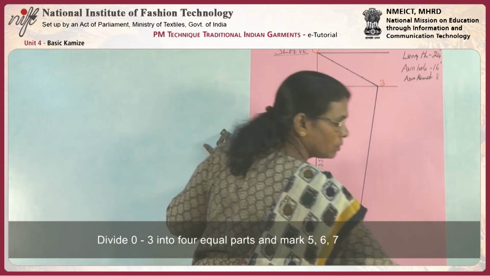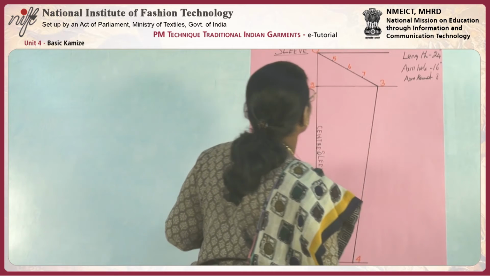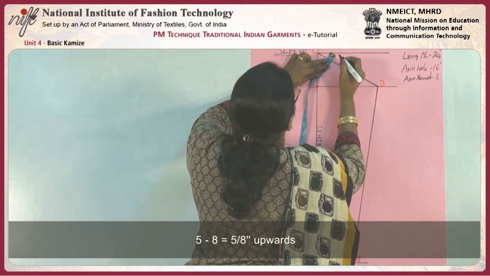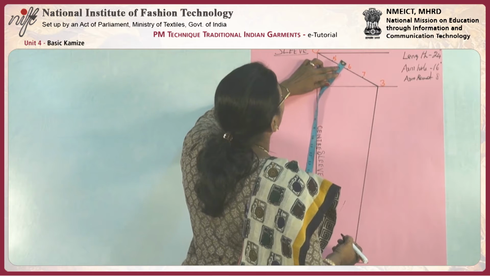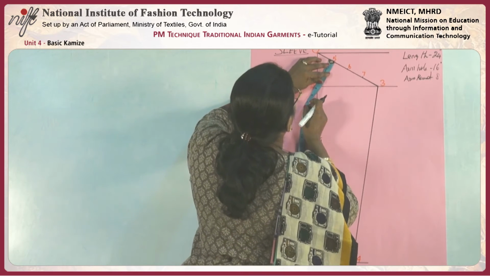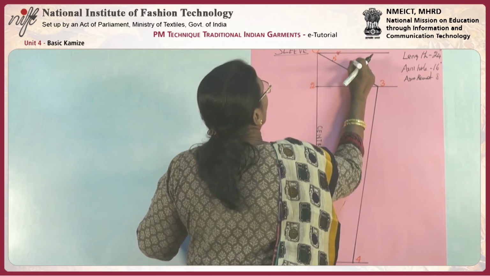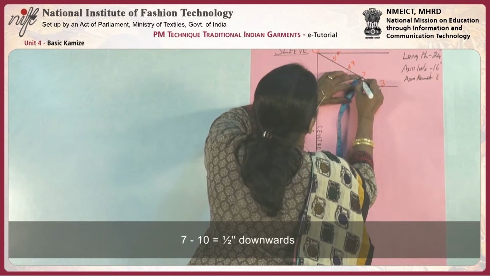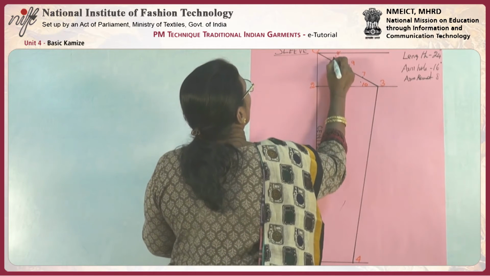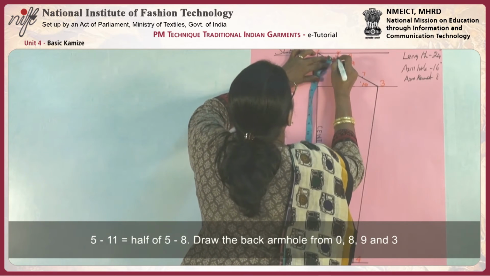We'll give 4 equal divisions and mark 5, 6, 7. 5 to 8 is 5/8 inches and 9 is 3/8 inches, and 7 to 10 is half an inch. 5 to 11 is 3/8 of an inch.